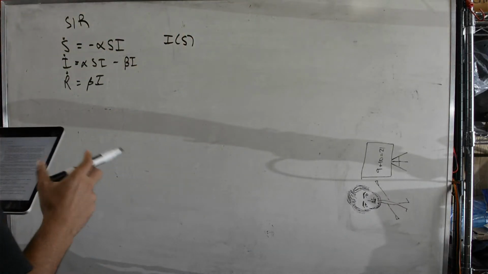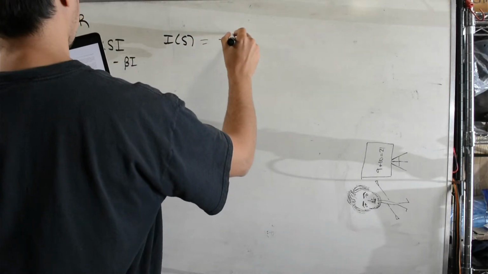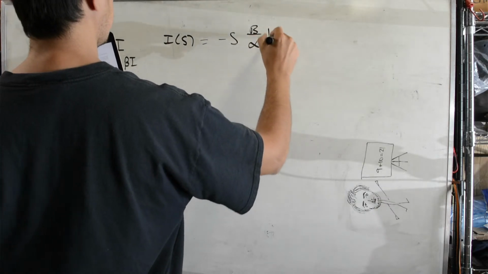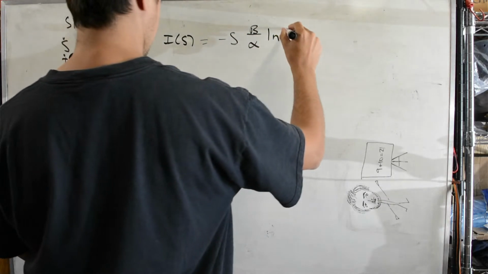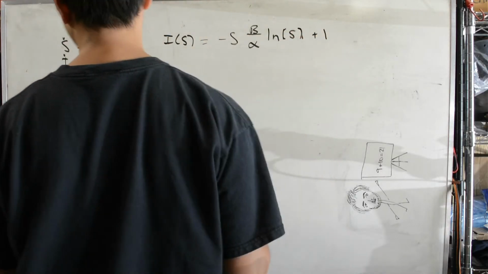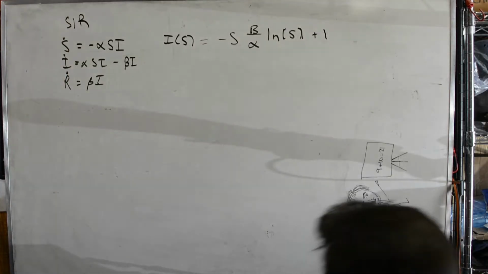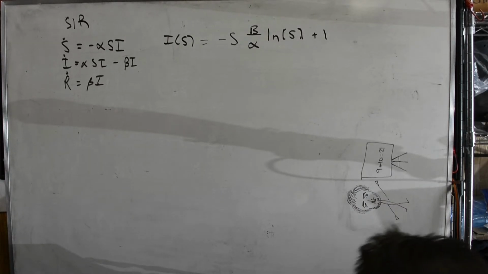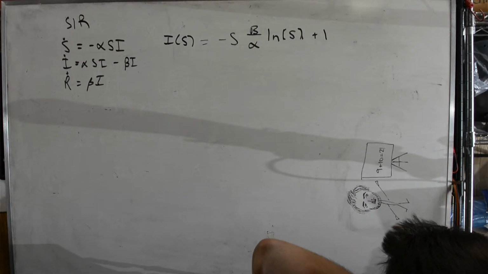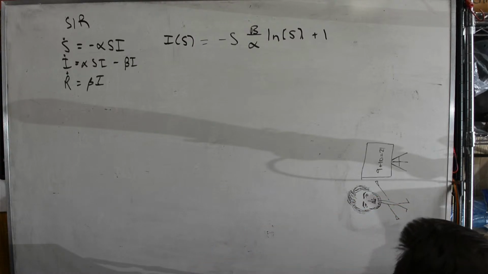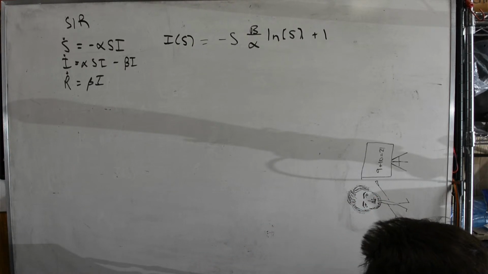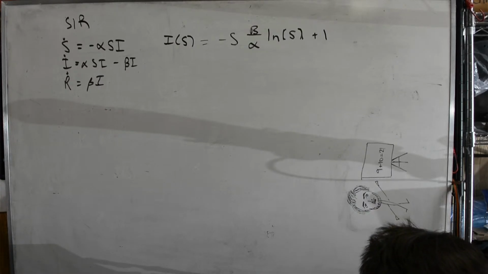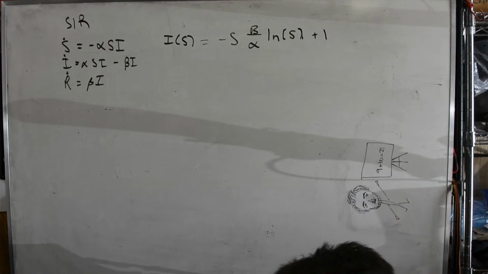So the problem is, we have I of S is equal to minus S... Okay, so the problem is: determine the maximum value in terms of... Okay, so that equation is under the assumption that S of 0 is approximately equal to 1 and I of 0 is approximately equal to 0.